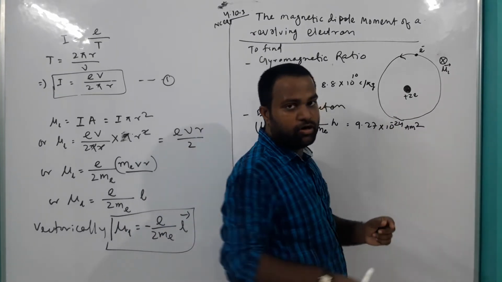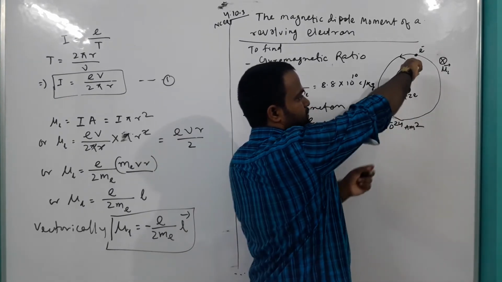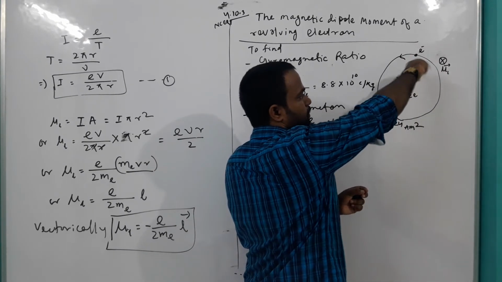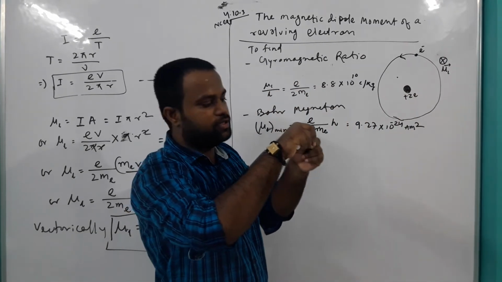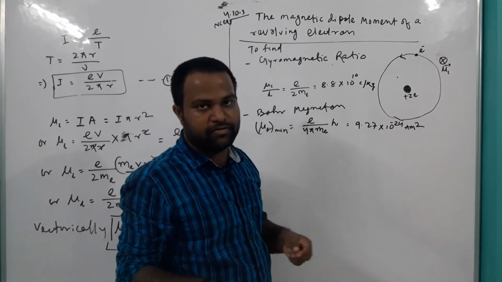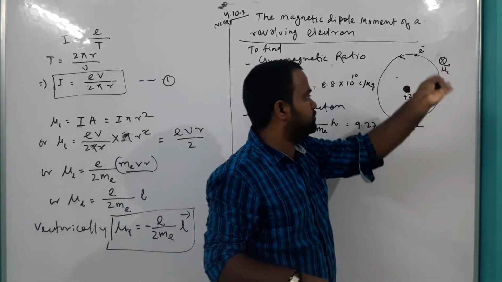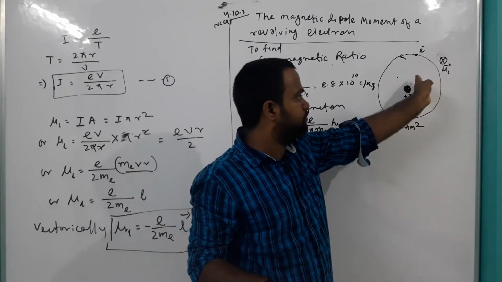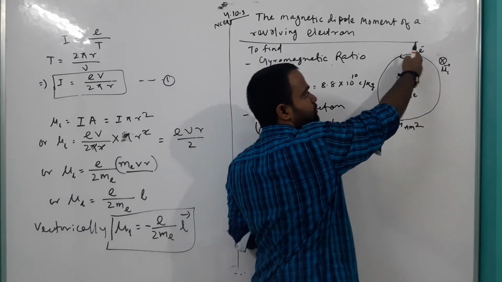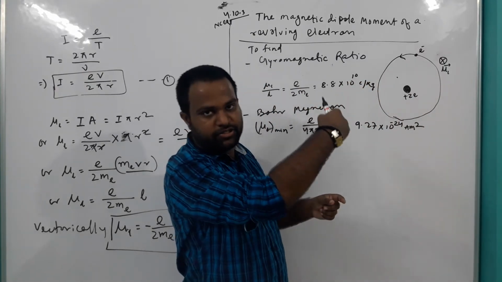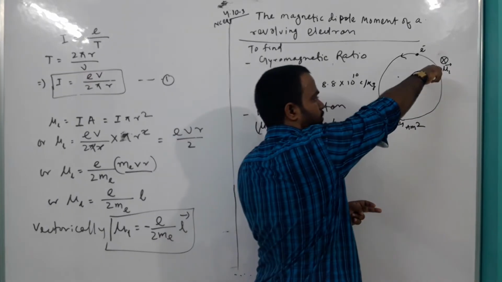So from the right hand thumb rule, if current is in the clockwise direction, then my thumb will be the direction of the magnetic moment. This cross means inside the board. So if an electron is revolving in the anti-clockwise direction, the magnetic moment direction will be inward to the board.